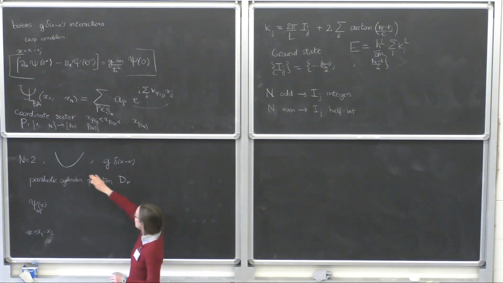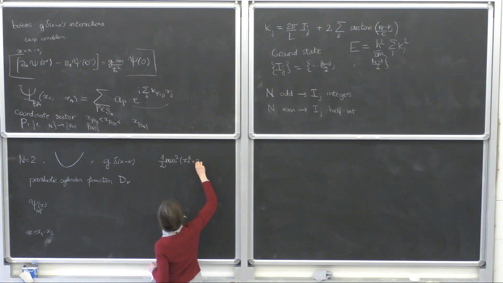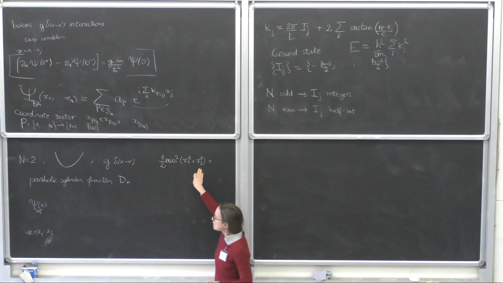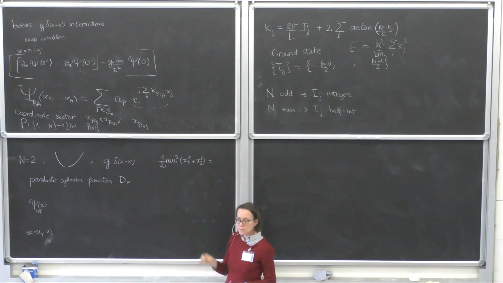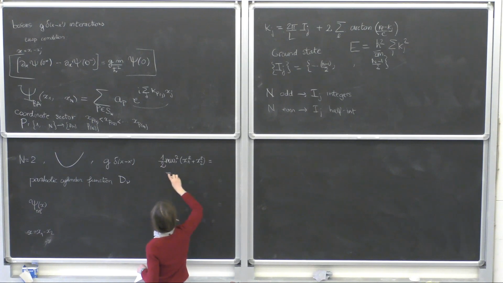And if I have an external confining potential, harmonic, like that, the beauty of it is that it remains separable in center of mass and relative coordinates. And so this allows us to write it as center of mass squared plus x squared.